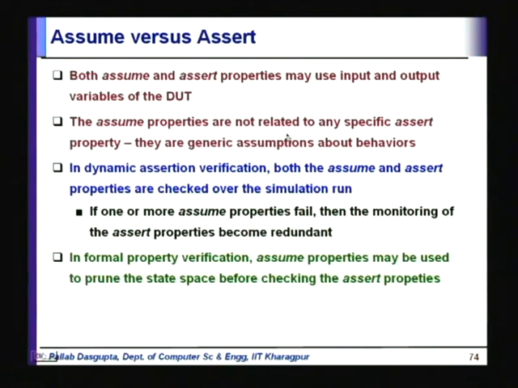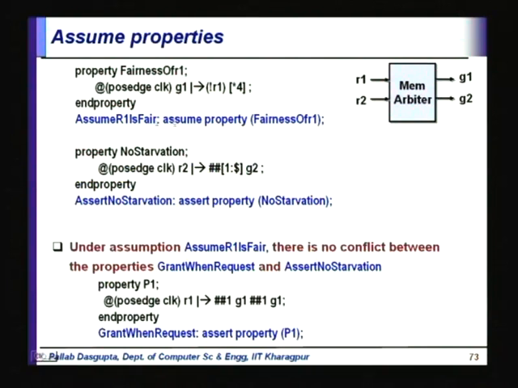Assume properties are not related to any specific assert property, they are generic assumptions about behaviors. So, it is not that these two are a pair, it is not that there is any implication between this and this, if this then this, nothing like that.